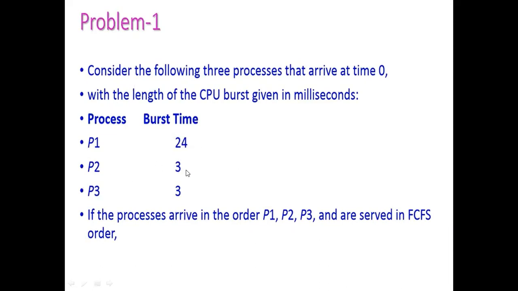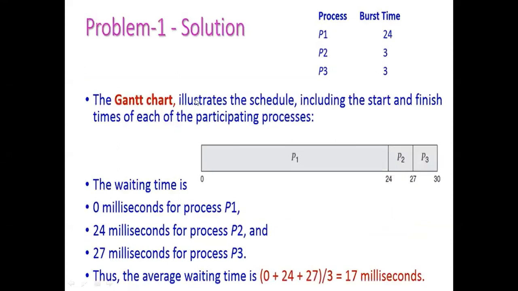Process P2 takes 3 milliseconds. Process P3 takes 3 milliseconds. If the processes arrive in the order P1, P2, P3 and are served in FCFS order, let's see what the solution is.